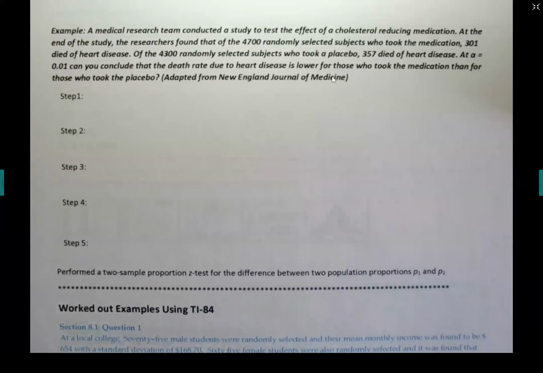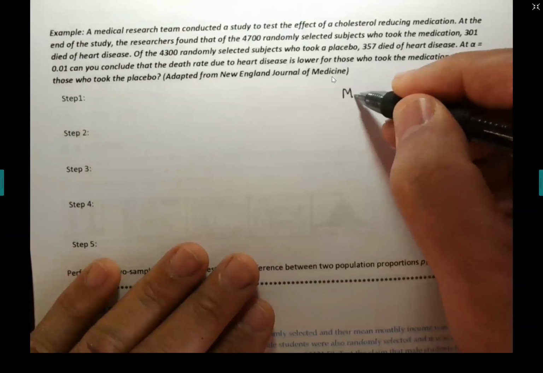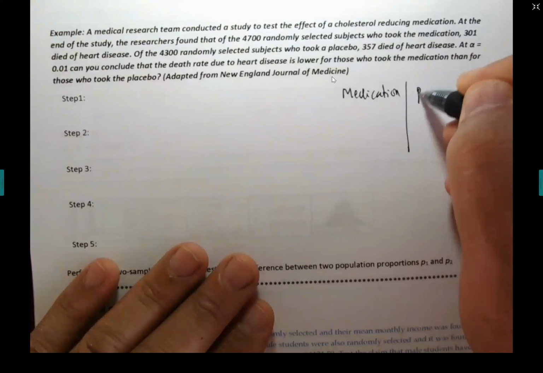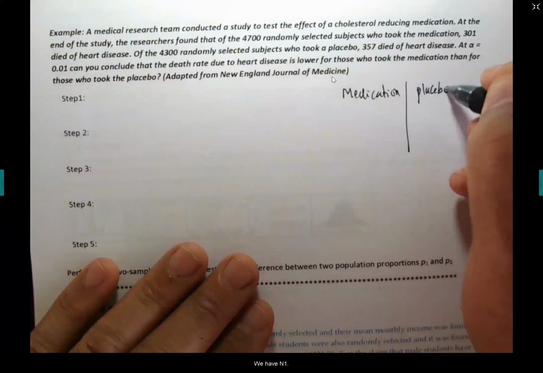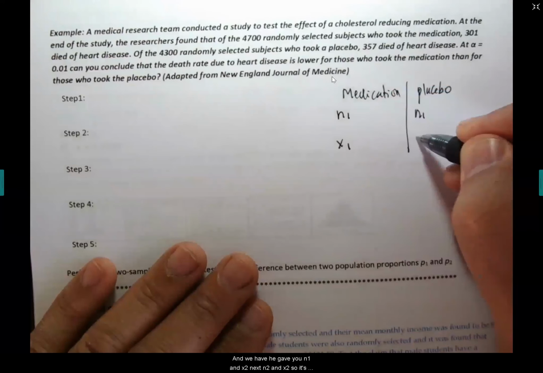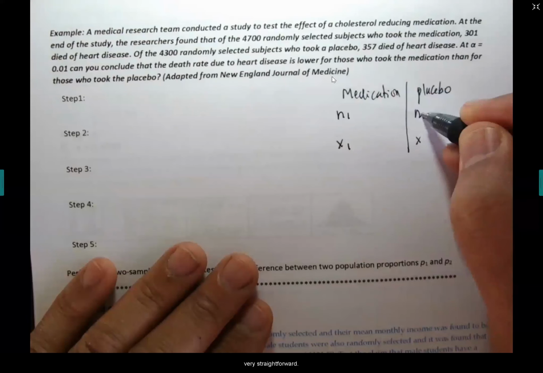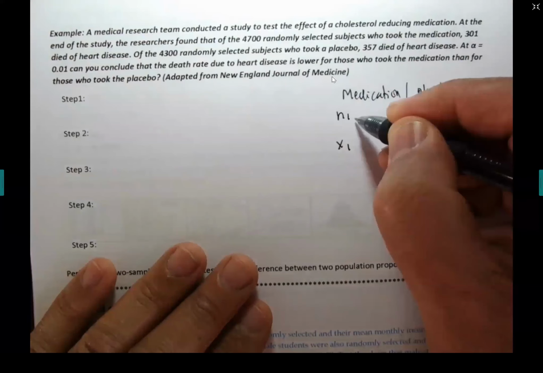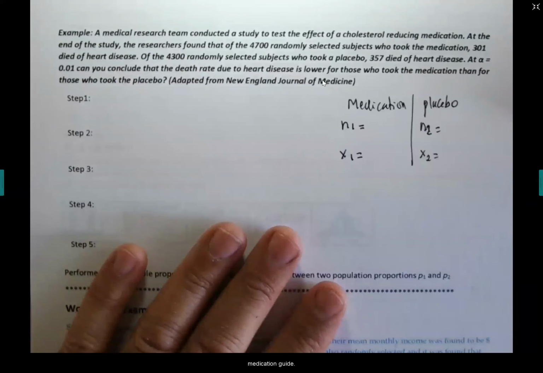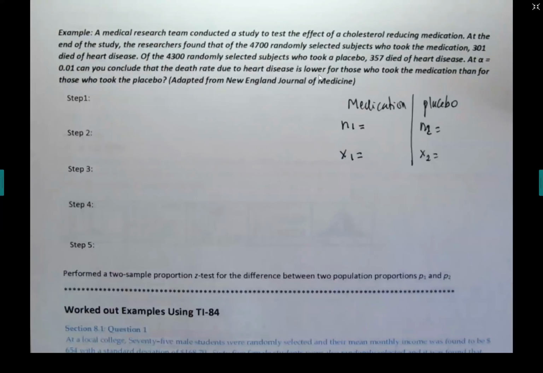So, medication, and then placebo. We have N1, X1, and he gave you N1 and X1 here, and N2 and X2. So it's very straightforward. What is N1? How many in the sample took the medication, guys? You agree, 4,700?